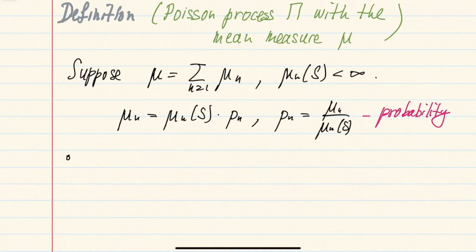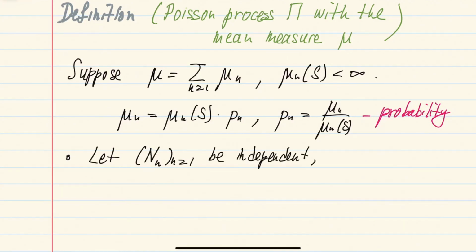First we consider independent Poisson random variables. So let the sequence N n be independent random variables, where the distribution of N n is Poisson with the mean given by the total mass of the measure mu n above.